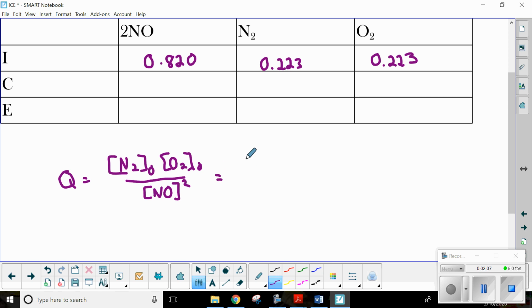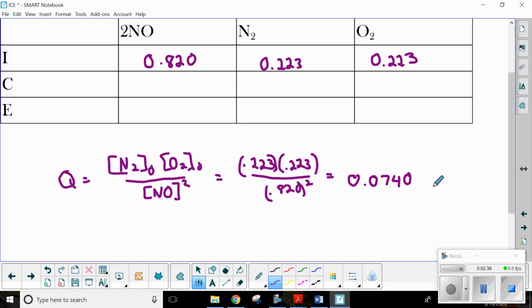And that's going to be 0.223 times 0.223, all divided by 0.820 squared. And when I solve that out, I get a Q, a reaction quotient, of 0.0740.